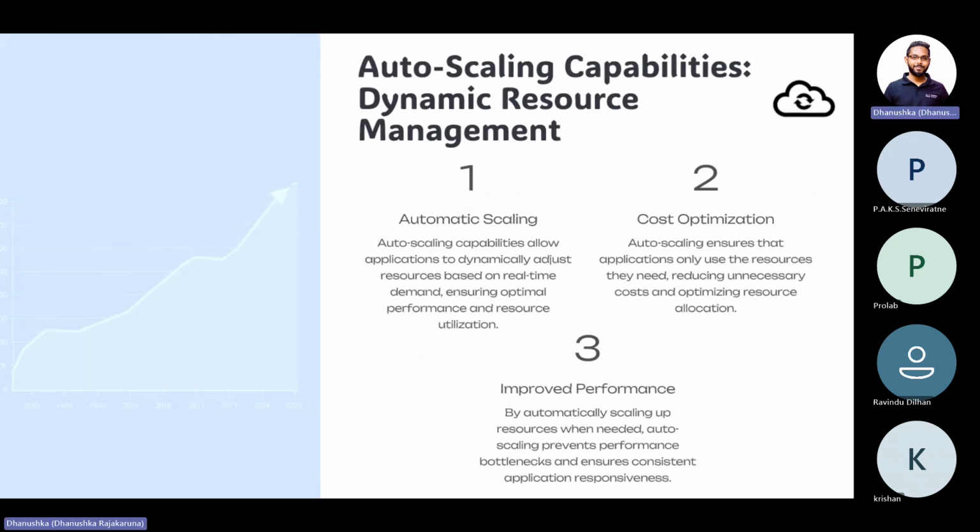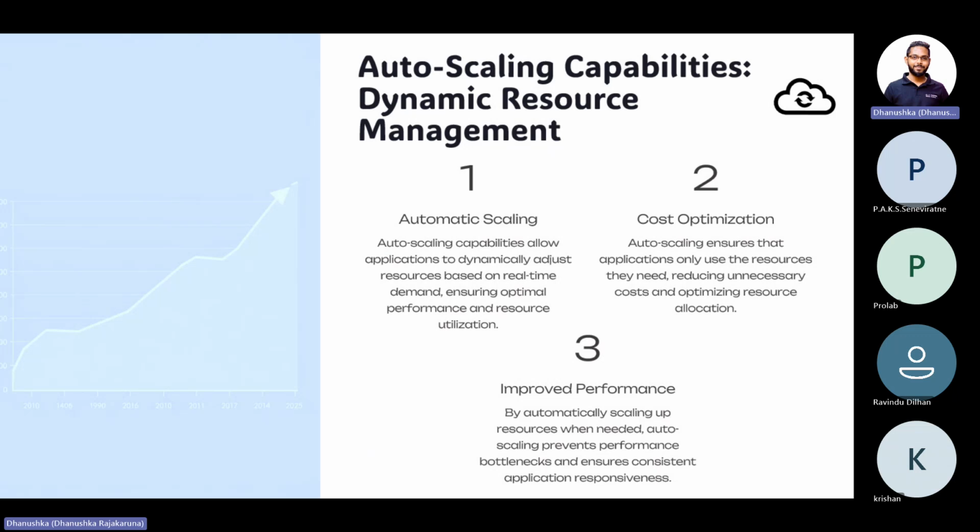So next, auto scaling capability, dynamic resource management. What does automatic scaling capability mean? Automatic scalability means, as in the example I told you, the VMs or the services will automatically adapt to the requests. These capabilities allow applications to dynamically adjust.